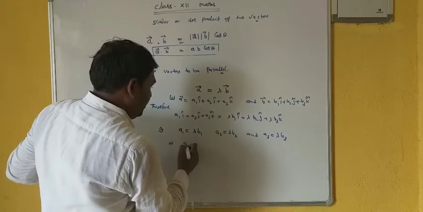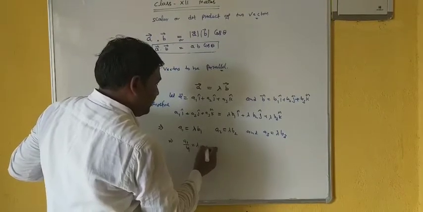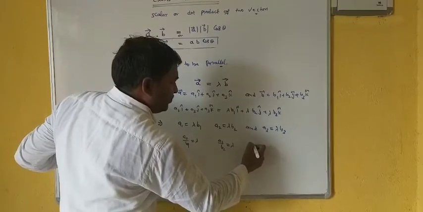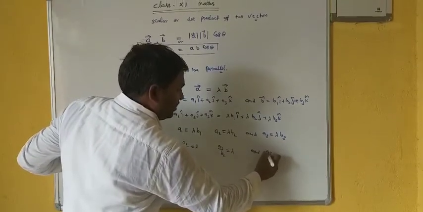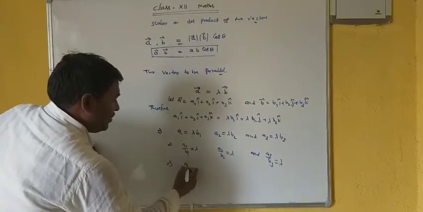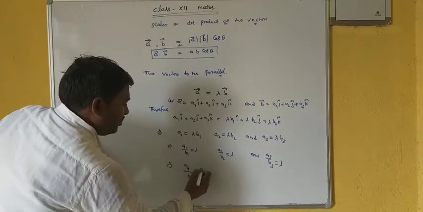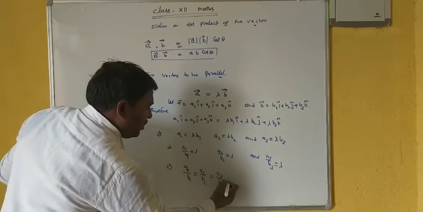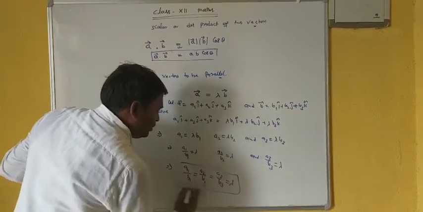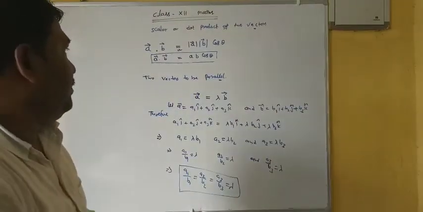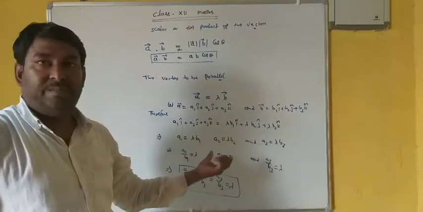So a1 upon b1 is equal to lambda, a2 upon b2 is equal to lambda, and a3 upon b3 is equal to lambda. It implies that a1 upon b1 is equal to a2 upon b2 is equal to a3 upon b3, all equal to lambda. So this is the condition that two vectors will be parallel to each other.